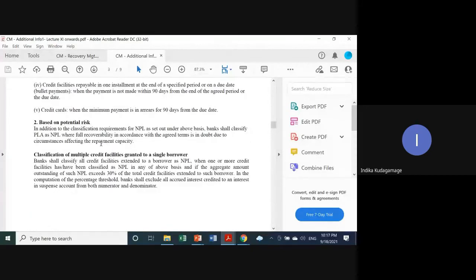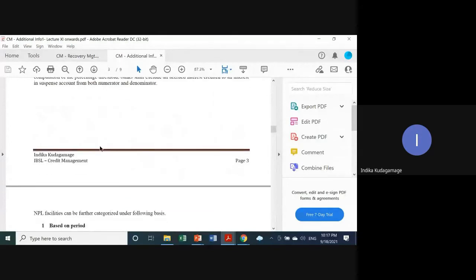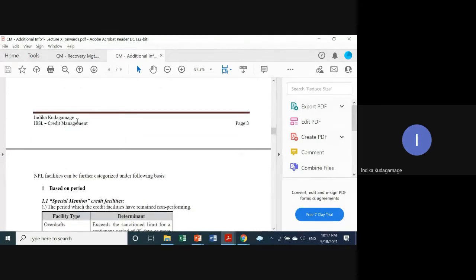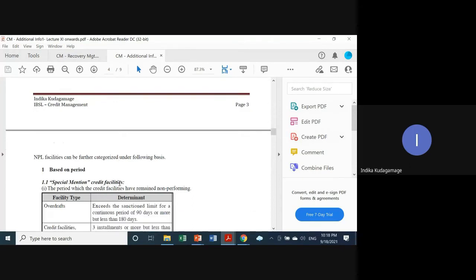Then, when it comes to number of days in arrears, we classify customers based on the period. So, NPL classification based on number of days in arrears, we have 4 categories. NPL is again subdivided into 4 categories. First, as soon as the customer goes bad, we classify it as the specially mentioned category.